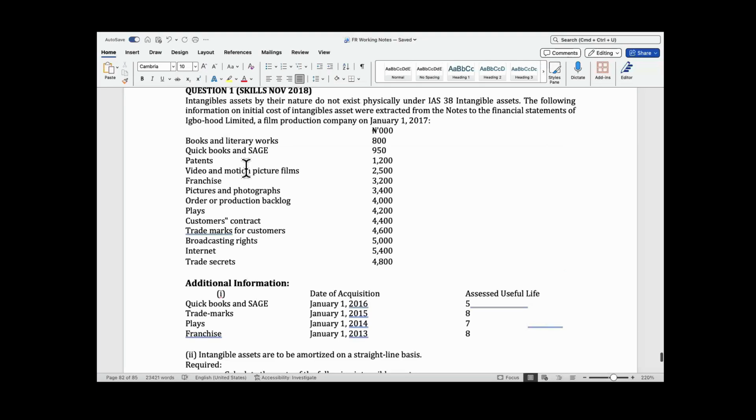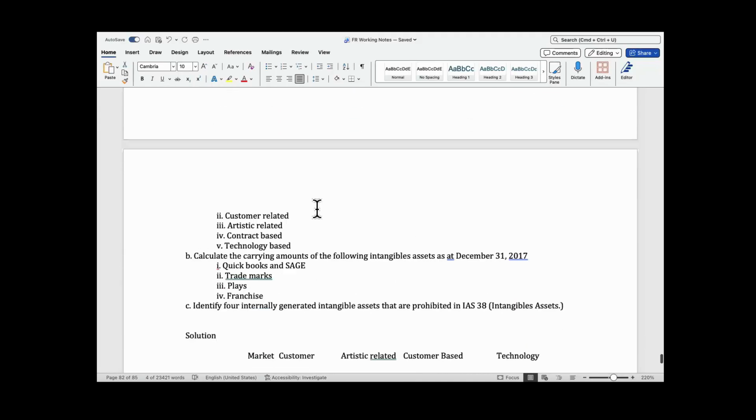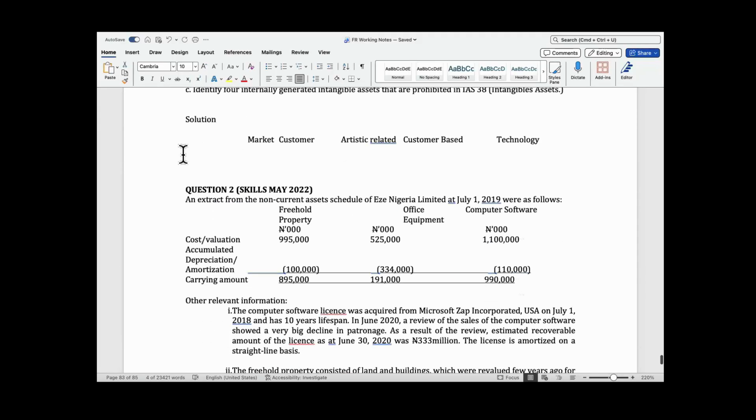So let's use our judgment and see if we can classify. Books and literary works, 800. Where do you think it can be? Should it be markets, customer, or technology?